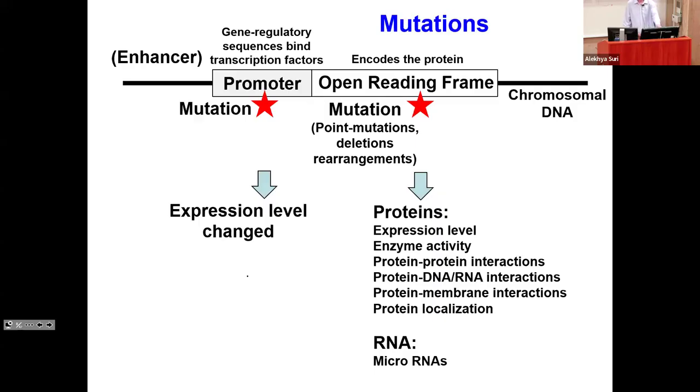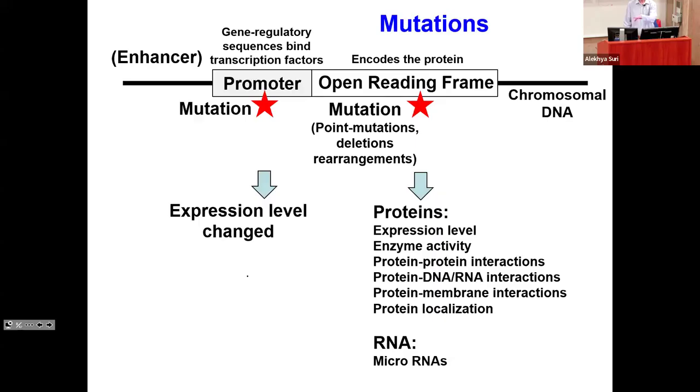On the left side you see a gene, which consists of an open reading frame, from start codon to stop codon, the triplet codons that encode the protein. Regulatory sequences are ahead of the open reading frame, the promoter.